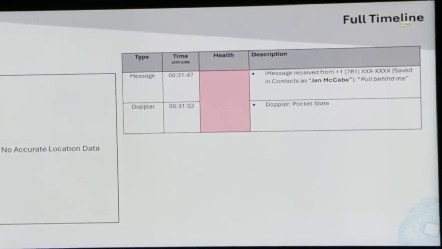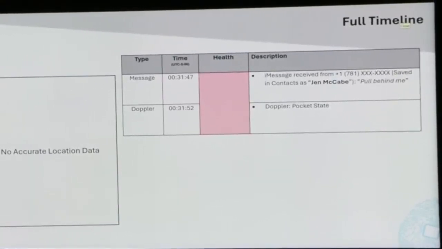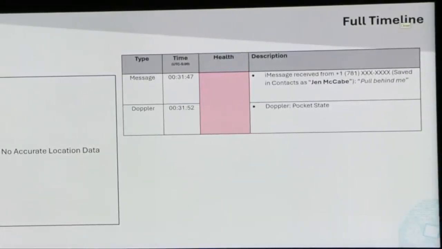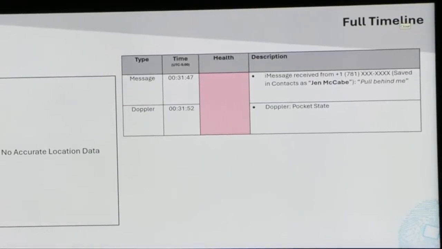Can you just state for the jury what an iMessage is? An iMessage is essentially a text message sent primarily from iPhone to iPhone via the Apple servers, not like an SMS message which goes through carriers.